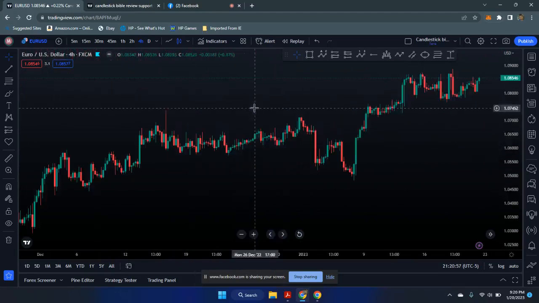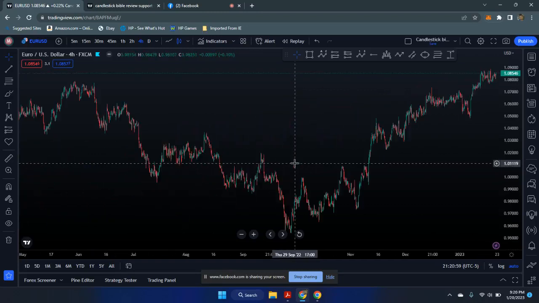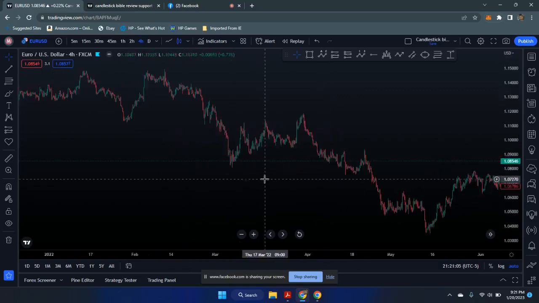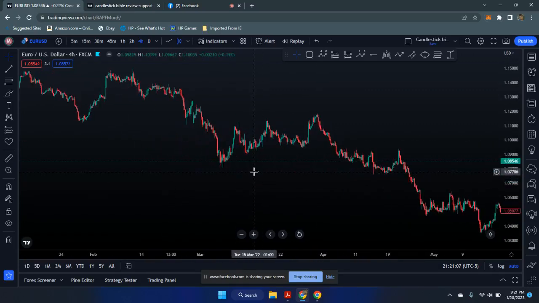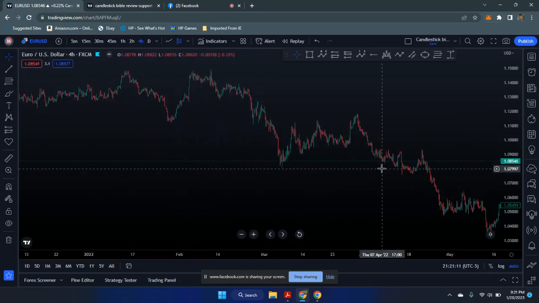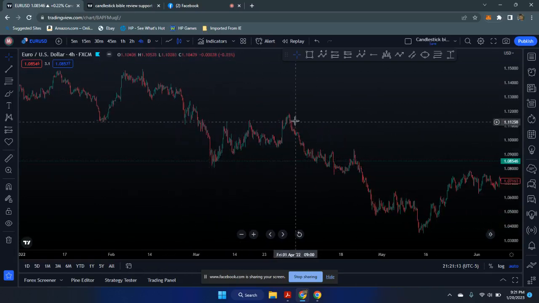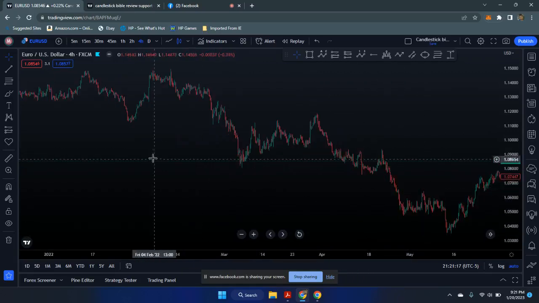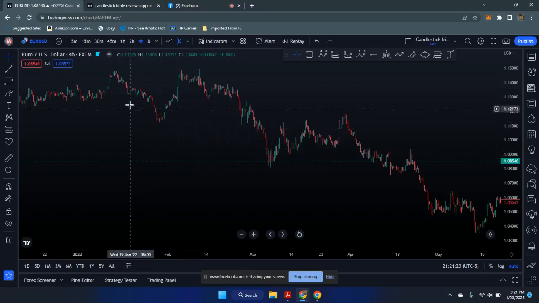Hold on, let me read. Yeah. Okay, I like this one. She does, as you can see, and you can catch some big moves. These are 4-hour zones.